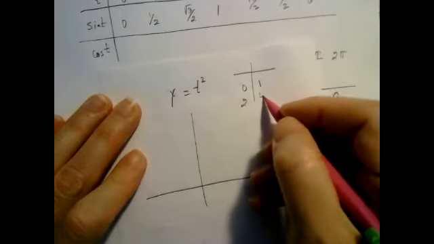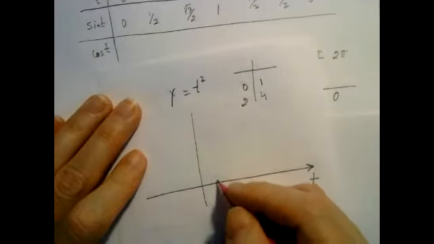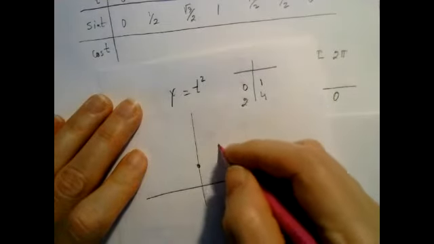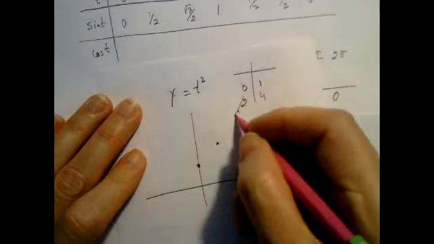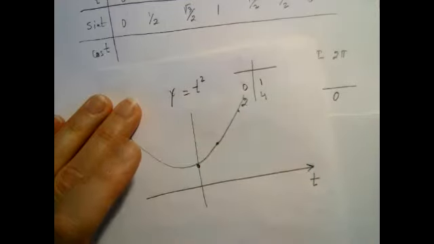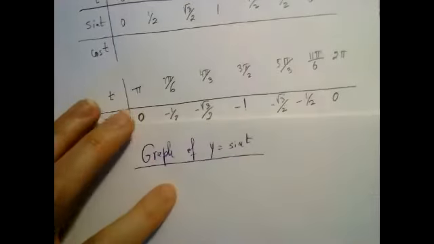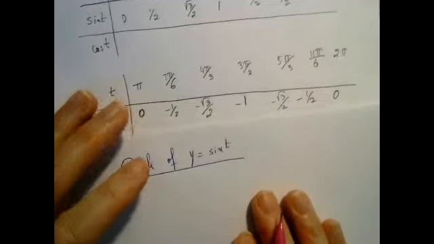If t is 2, what's y? And we start collecting those points. We start putting those points and we connect them. We get the graph. Right now, we're going to think of the sine the same way.